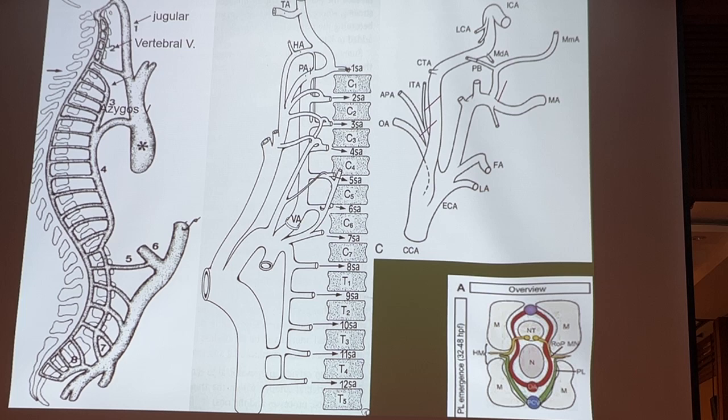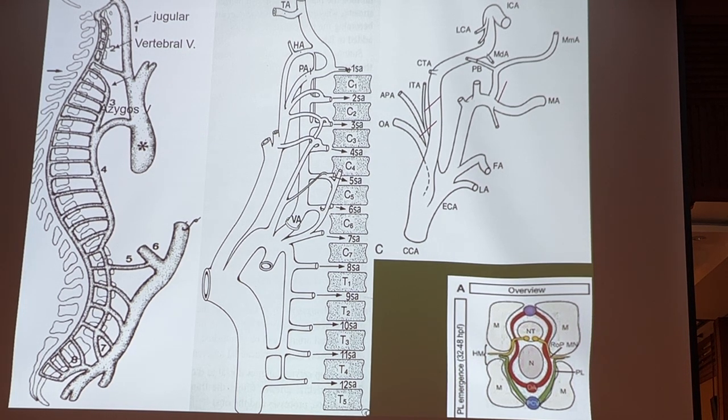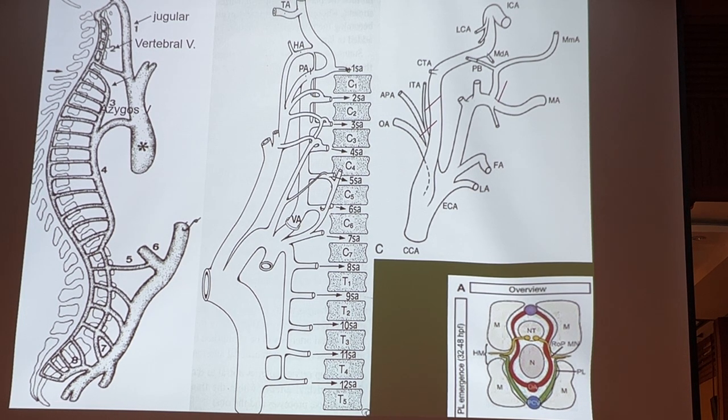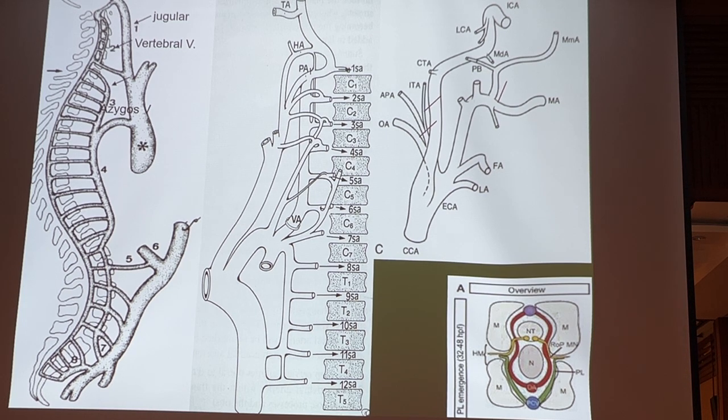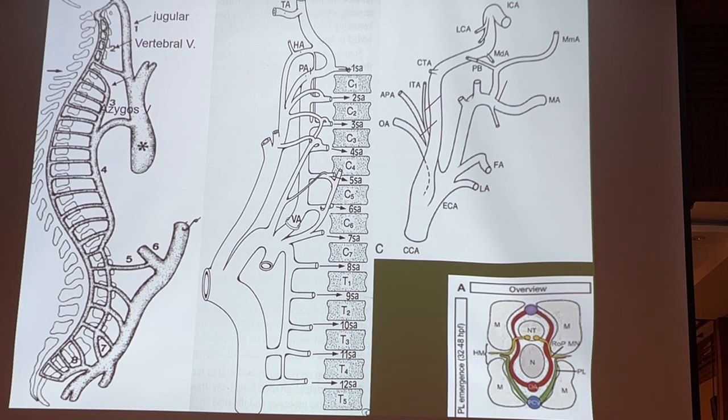So if we look at the relationship between the segmental arteries and veins, at the cranial level, for example, the maxillary, ascending pharyngeal, and occipital arteries relate mostly with the regional jugular veins and the vertebral veins. While downwards at the cervical level, each segmental artery down to the thoracic level has this kind of relationship mostly with the azygos system, as well as later on the vena cava system.